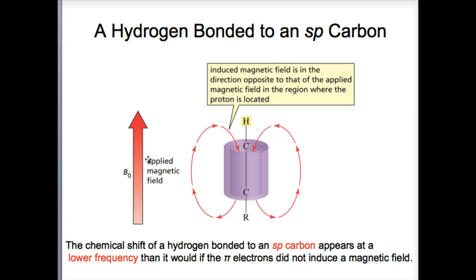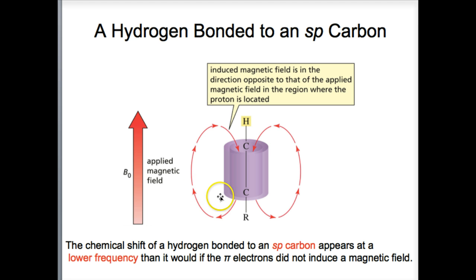And one last example right here. However, a hydrogen bonded to an sp carbon produces a chemical shift at a lower frequency, about 1.9 parts per million, than you would predict from the electronegativity of the sp carbon. This occurs because the direction of the magnetic field induced by the alkyne's cylinder of pi electrons in the region of the proton is opposite to the direction of the applied magnetic field.